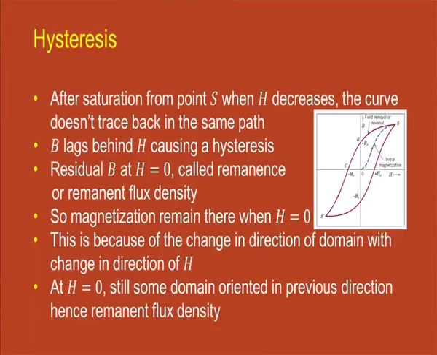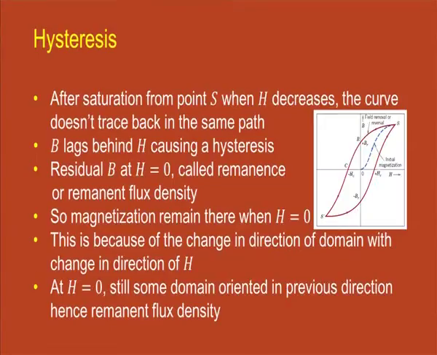When the external magnetic field is 0, the internal magnetic field strength is not completely 0. There is some amount of magnetic field strength left for the material, and that is called remnant flux density, which is observed when we retrace the curve in the opposite direction.